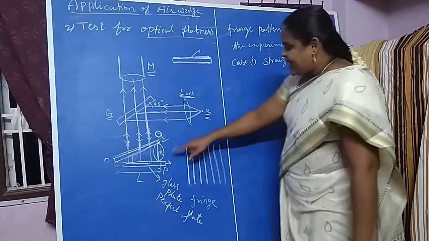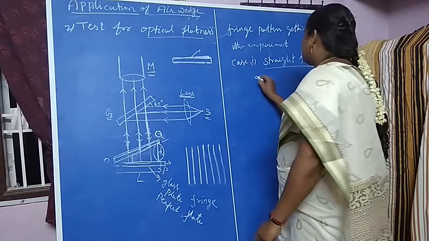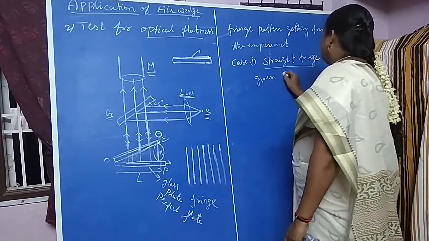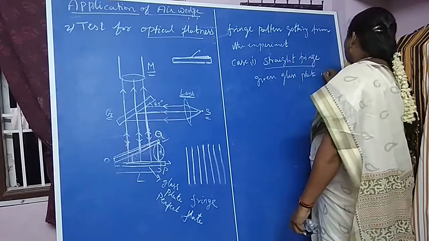If you get a straight fringe from the experiment, we can say the given glass plate is optically flat.